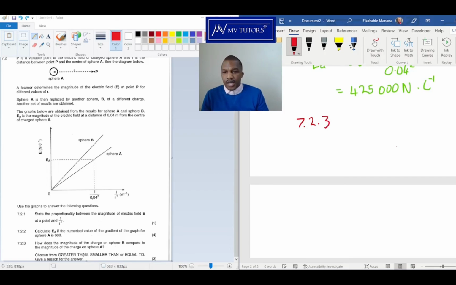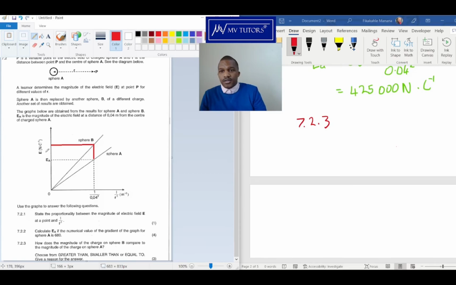7.2.3 now. How does the magnitude of the charge on sphere B compare to the magnitude of the charge on sphere A? Choose from greater than, smaller than, or equal to. Give a reason for your answer. For the same 1 over r squared, we can see that sphere B right there has a greater E value.